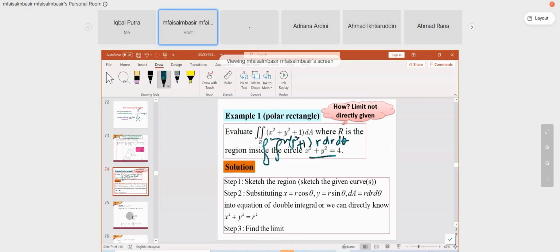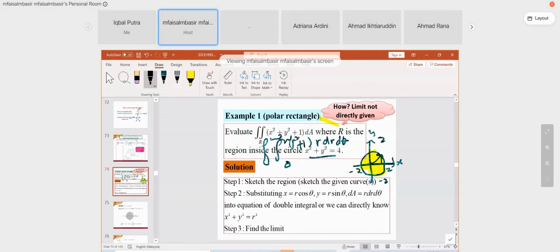So try to sketch. This is the circle inside, with radius 2. For the radius, it goes from here to here, which is 0 to 2. Your angle, the region is everything, right?